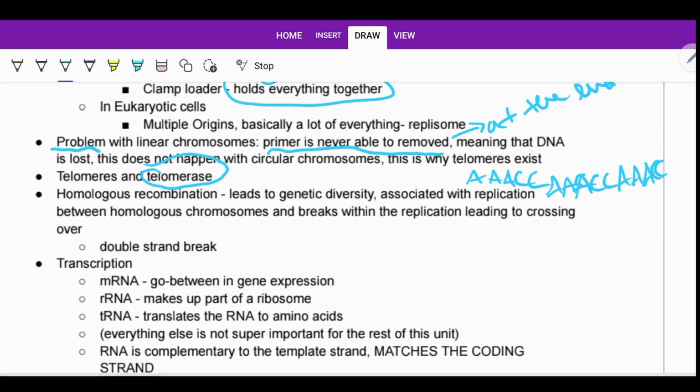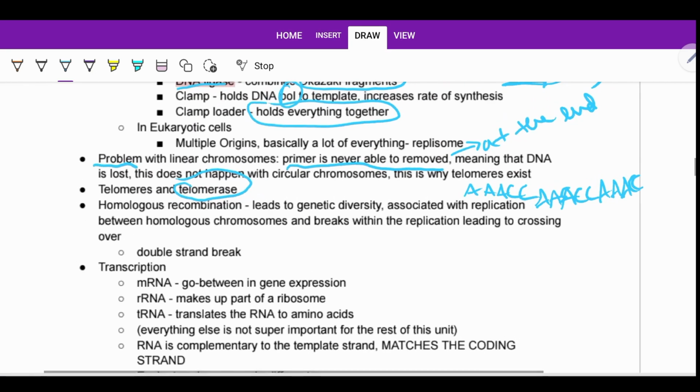I know that's a lot of information. What you need to take away from the telomeres thing is linear chromosomes will lose base pairs every replication. So we have buffer built in called telomeres, and telomerase makes that buffer even longer, or tries to keep that from getting super short super quickly.